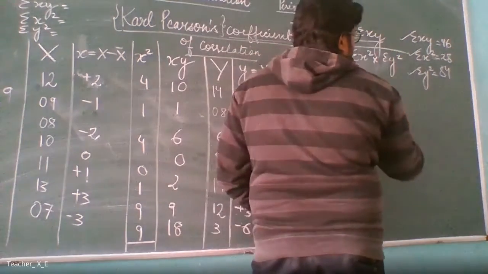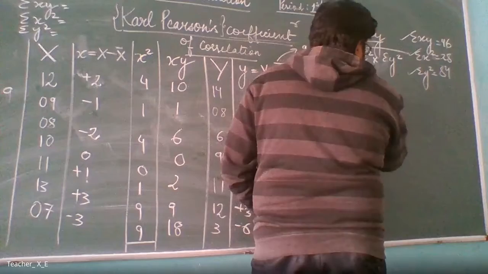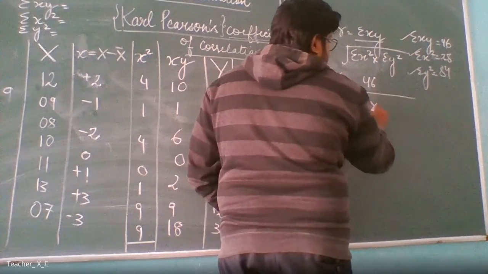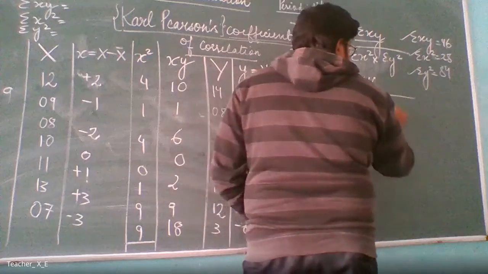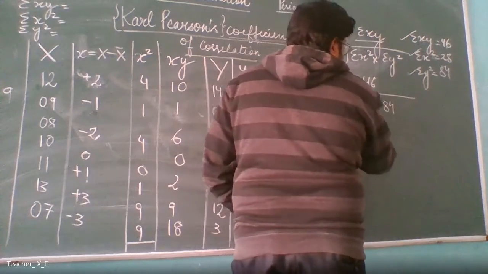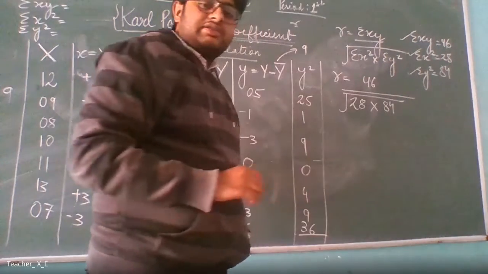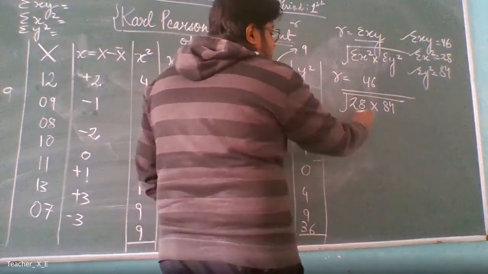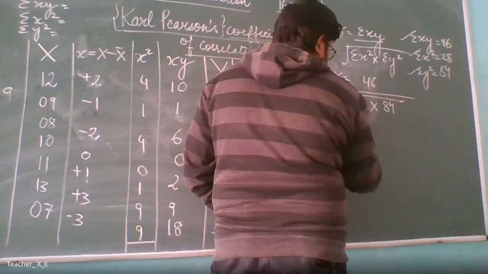Summation of xy is 46. Summation of x square is 28. Summation of y square is 84. Under root. So we will solve it with the help of the denominator only. First, let us multiply 28 into 84.